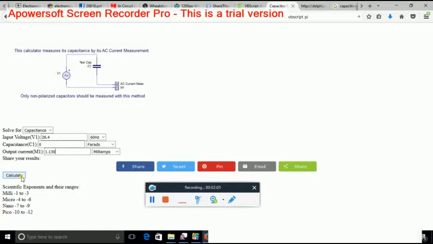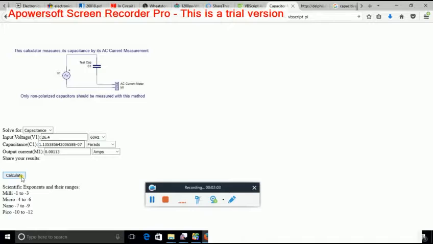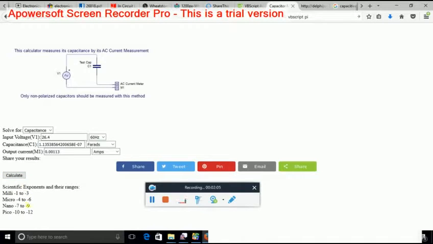Look down here, you get the scientific notation ranges. Sometimes when you click the calculator, it can calculate in scientific notation to help you. And you see E minus 7. Look down here, minus 7 is nanofarad, and it's in the hundreds place.